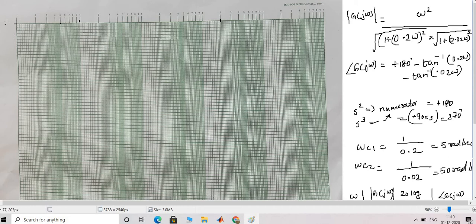So here I am marking plus 40 dB at this point, because the gain scale should always start from a higher value at the top.